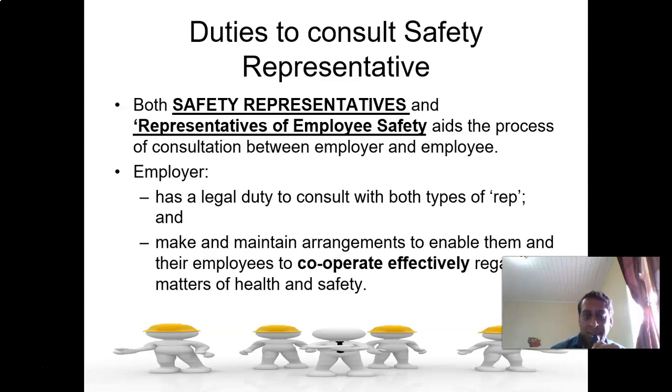Now remember, these are two individuals, employees, right? In fact, in some cases, a trade union may appoint someone that comes in from the union, right? The second person most likely would be an employee of the company. So here you may have two persons who do not meet on a regular basis. One may be a full-time employee.